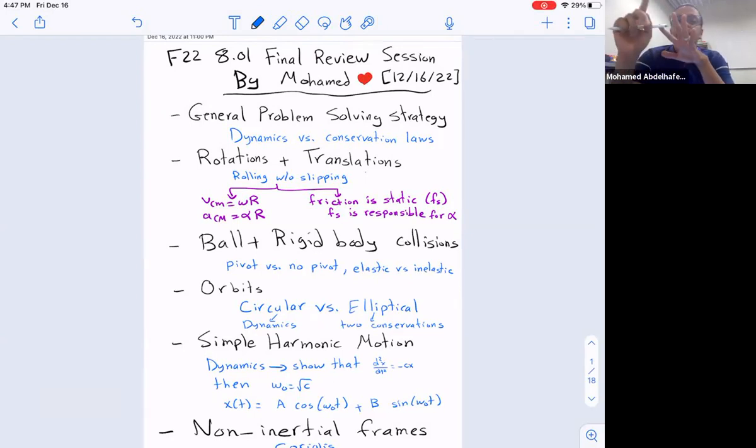We did something that both rotates and translates at the same time, like rolling without slipping. We said how to find static friction, how to calculate torque. Do we use dynamics or do we use conservation? I want you to apply these ideas: look at the problems again and approach them, okay, dynamics, no, conservation. What conservation? Apply this to other problems.